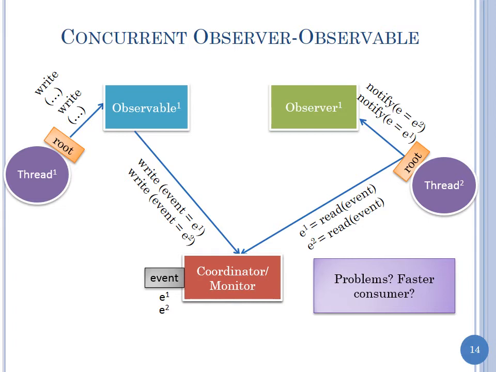We aren't guaranteed any pace in threads. So let's look at the first problem, that the consumer is much faster than the producer. And the question is, what problem can occur if this is the case? That's what we'll discuss next.